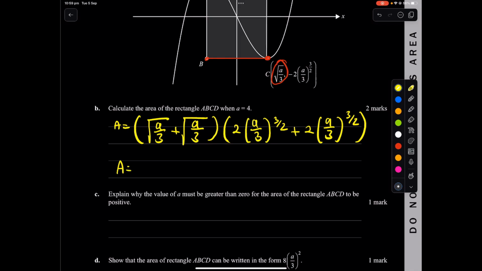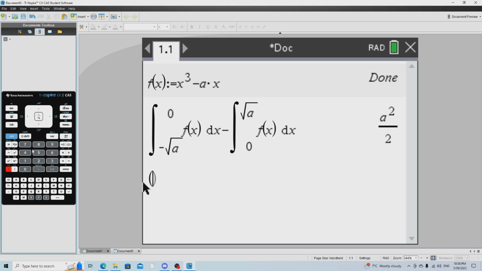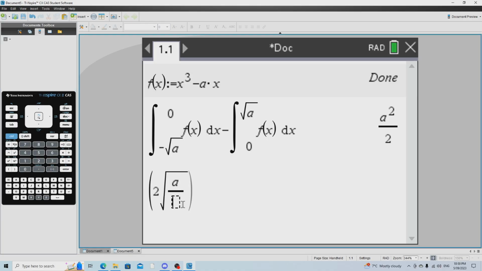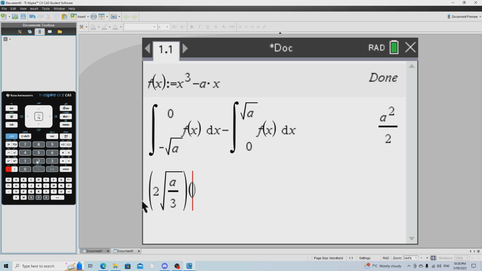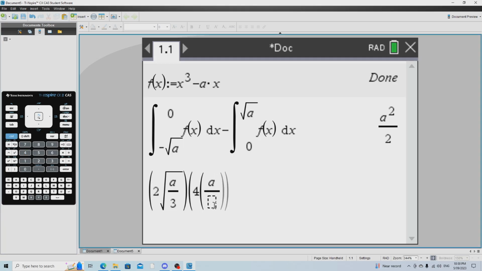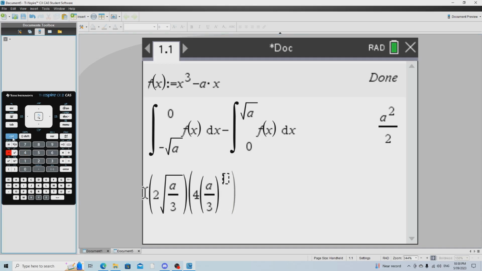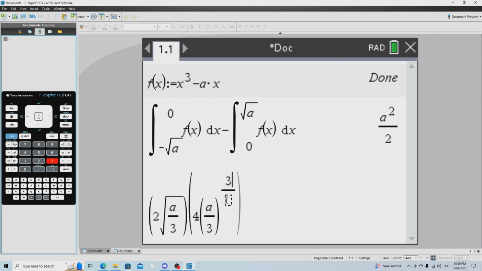I'm going to do that on my calculator. It will actually just be 2 square root of a on 3 times 4 times a over 3 to the power of 3 over 2.